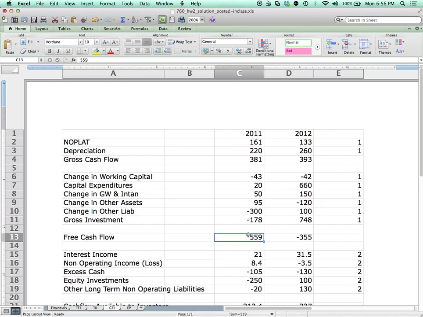In 2012, we were at negative $355. So basically, in 2011, we had cash to pay out. In 2012, we had a shortfall from operating activities. If I just look at our operations, our operating activities chewed up $355 million worth of cash in 2012, but they generated $559 million of cash to pay out in 2011.